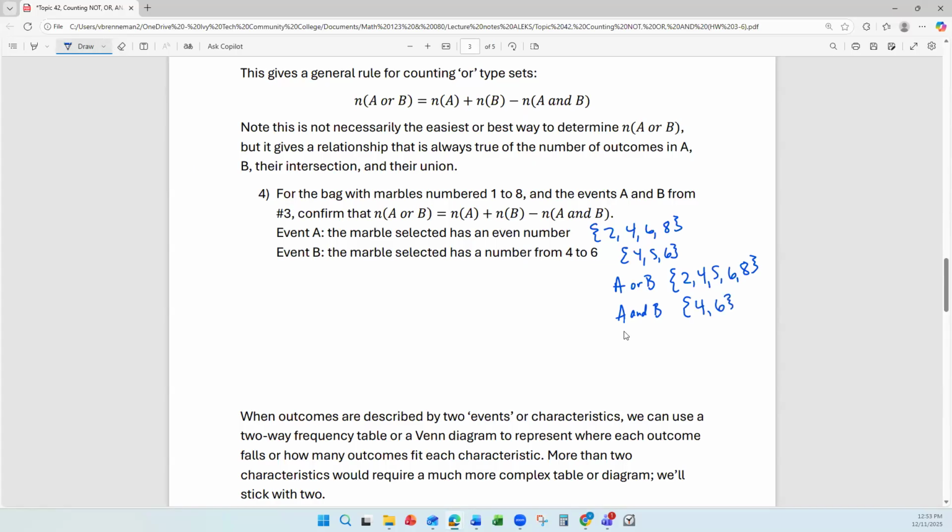Then we get this relationship: number in A or B, there were 5 in there. Number in A was 4. Number in B, 3. Number in A and B, 2. 4 plus 3 minus 2. 7 minus 2 is 5. Those are, in fact, equal. So we didn't use that equation to find the number in A or B, but we can confirm that relationship.